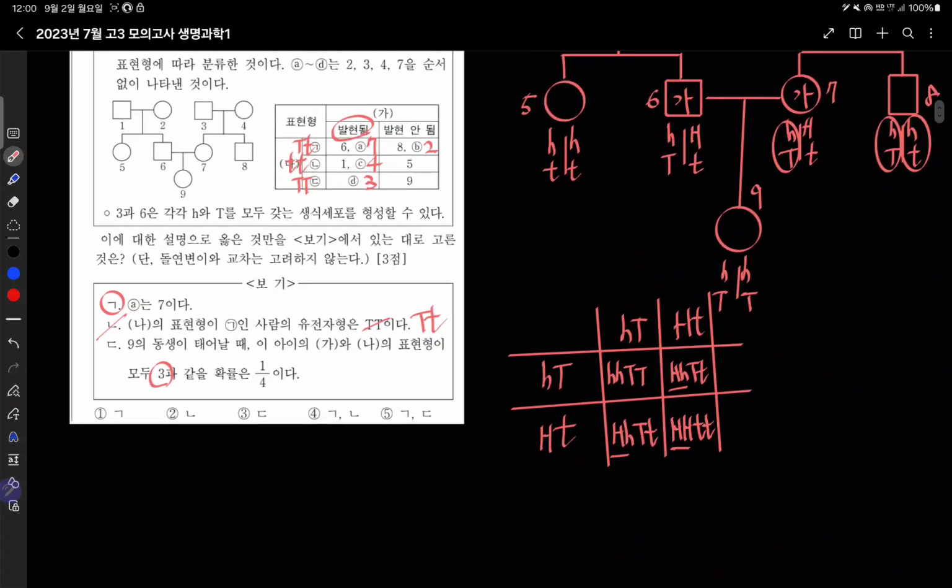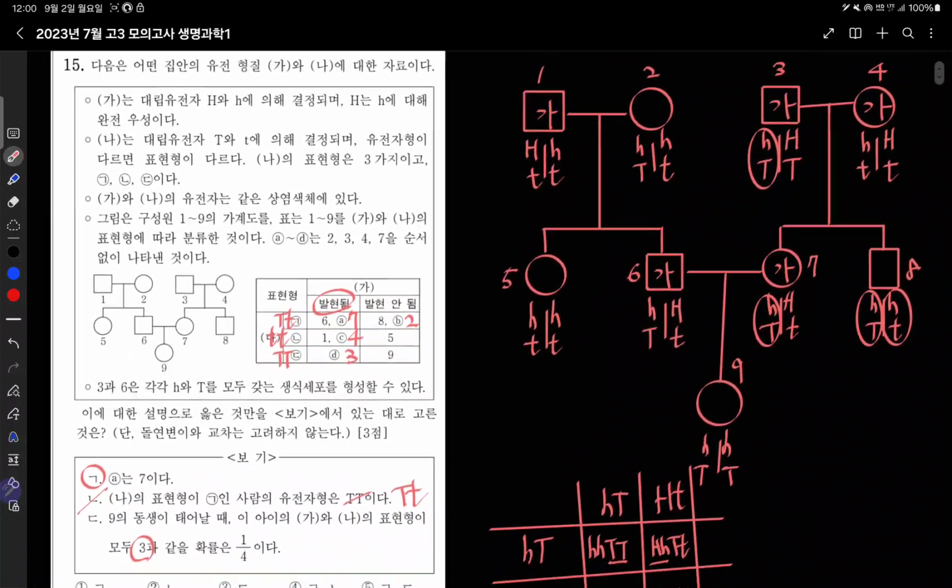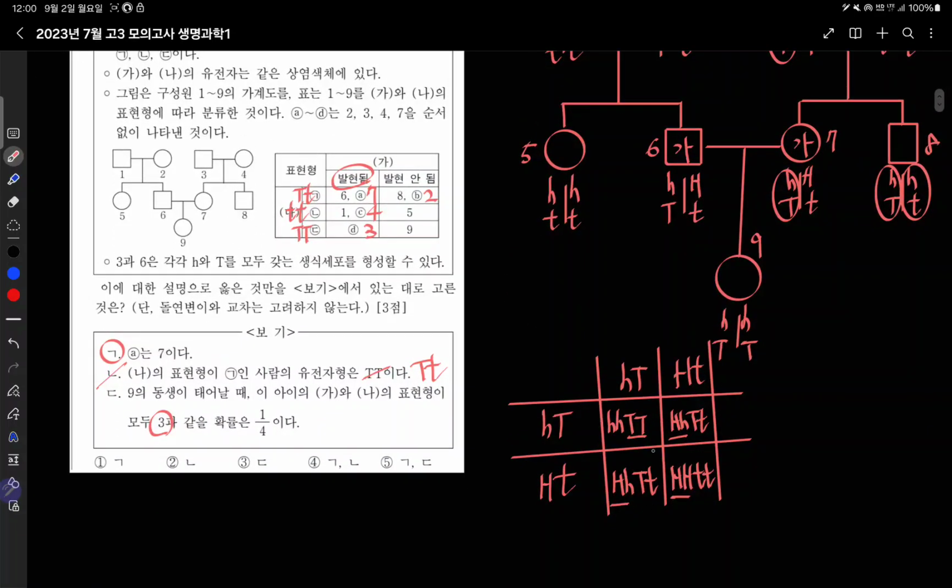But capital T allele goes to this case, so it's not possible for the child to have the same phenotype as individual number 3 for the first and the second trait, and they are separated, so the probability is 0.